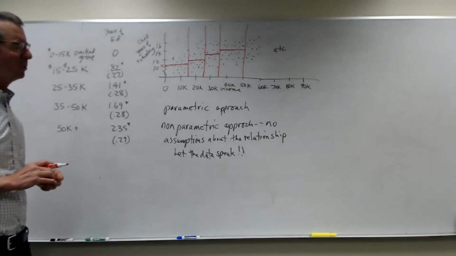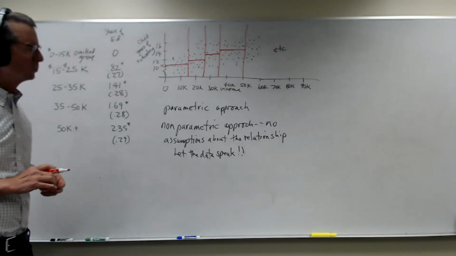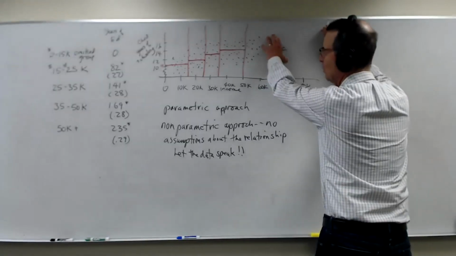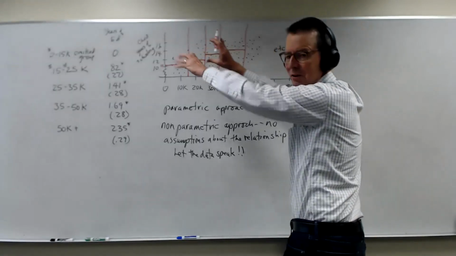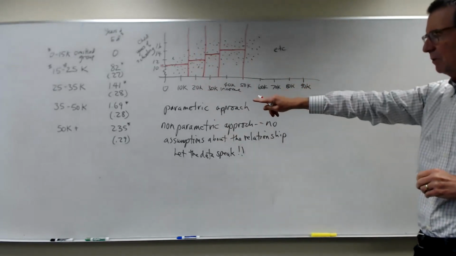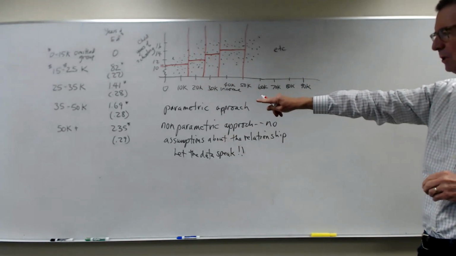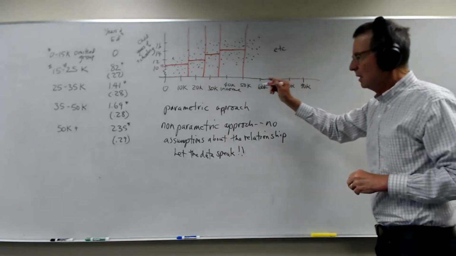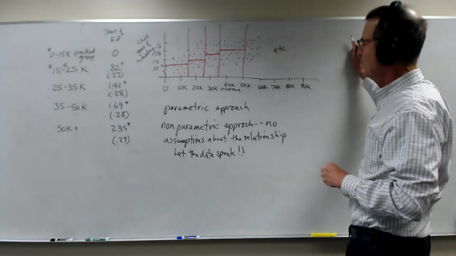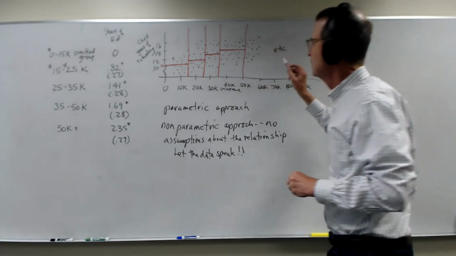Average family income is probably around $50,000. So there are as many points out here as there are over here. I just didn't put them all in. But when you're getting this dummy variable coefficient for 50,000 plus, which is 2.35, you're averaging over all the observations to the right of 50,000.